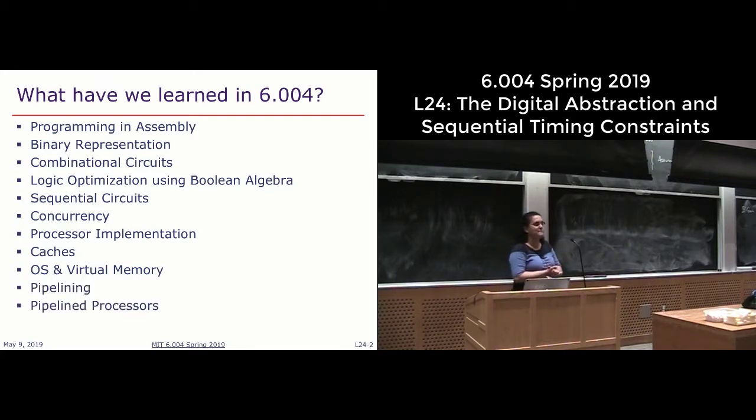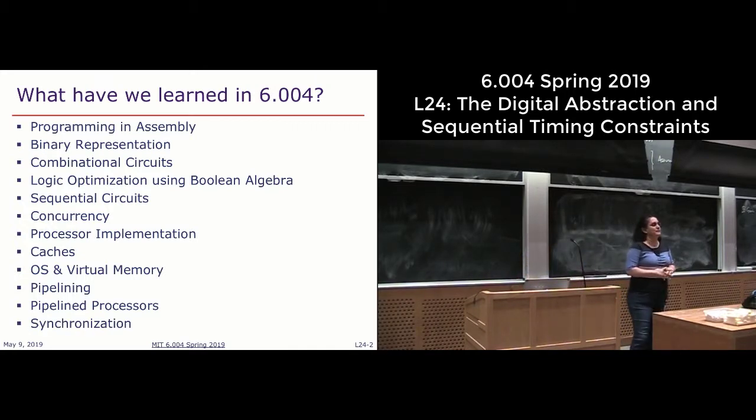And then finally, we got to pipelining, which is doing even more in parallel, and pipelined processors. And of course, once we're doing lots of things in parallel, then we also need to worry about synchronization. Okay, so that's a lot of stuff. You should feel really pretty excited about everything that we've gotten through in this one short semester.